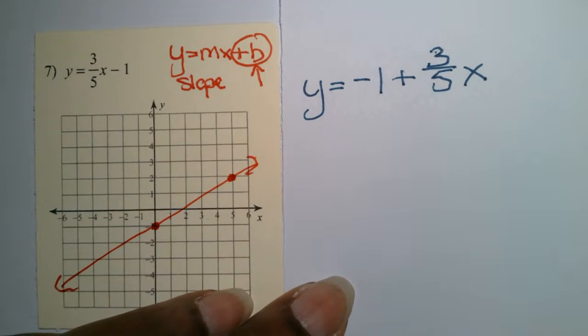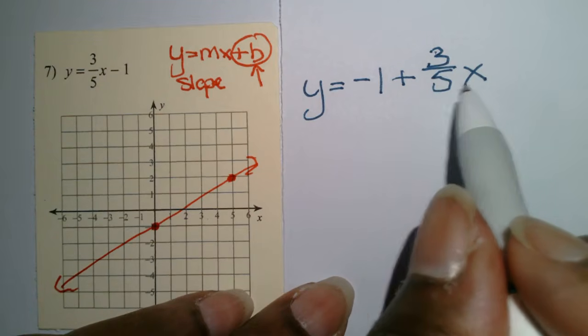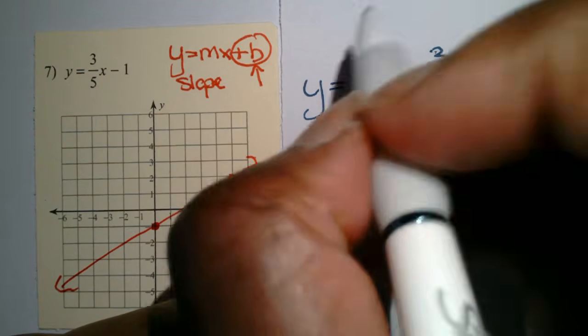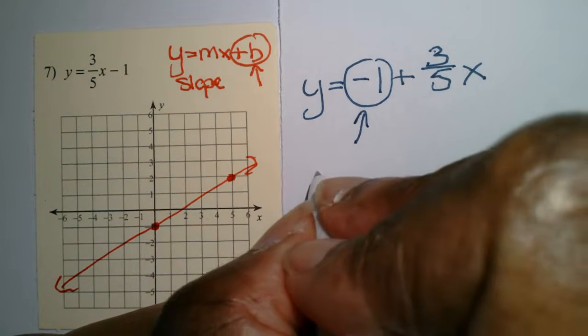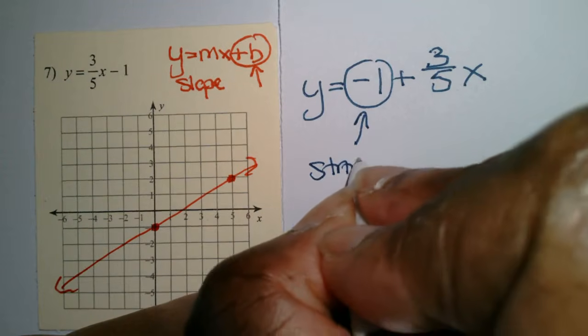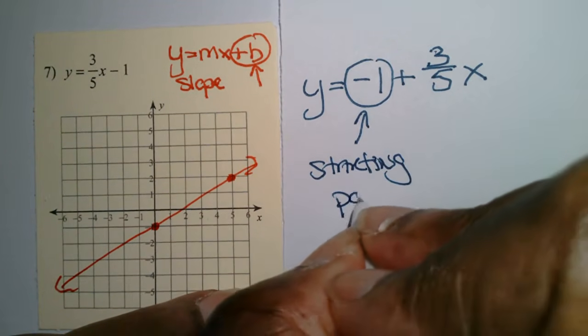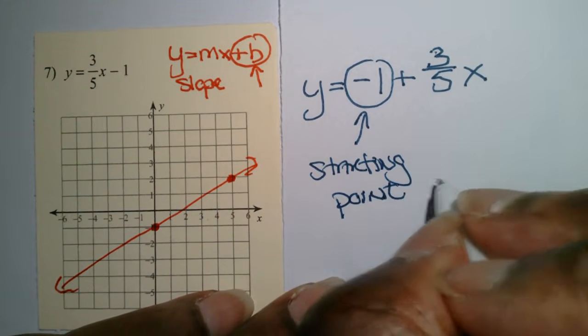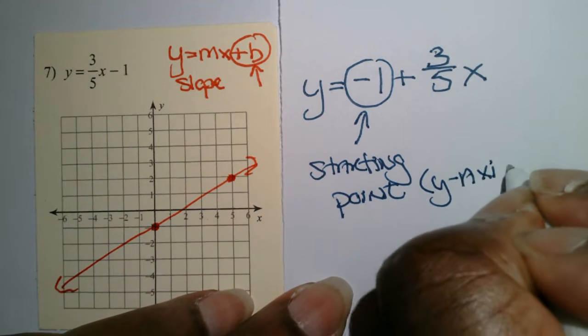Well, your starting point is always going to be the number that's not adjacent to the x. That's still going to be my -1. And that's your starting point on the y-axis.